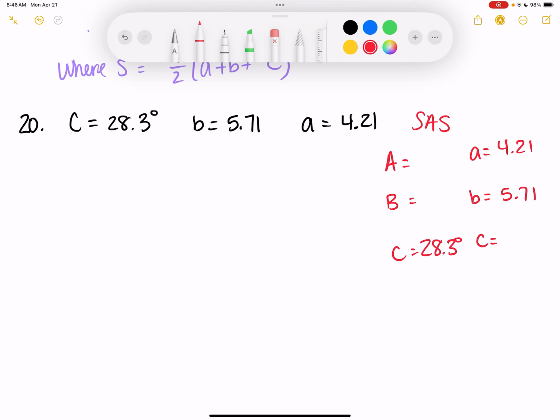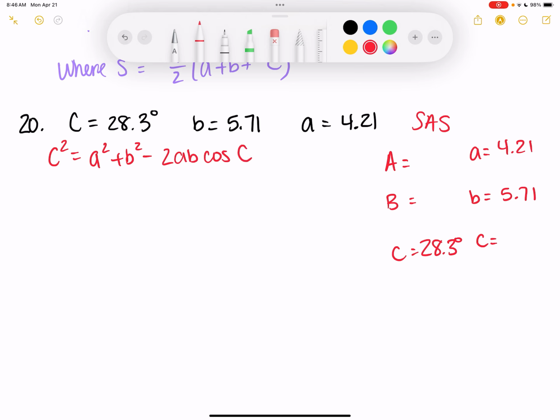So based on the given information and what my formulas for law of cosines say, the only thing that I can solve for right now is side C. Okay, so I'll write it out. C squared equals A squared plus B squared minus 2AB cosine C.